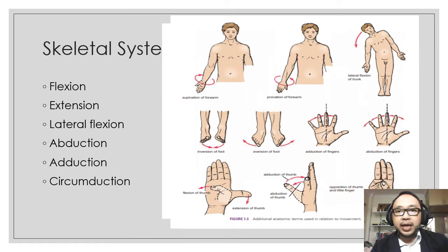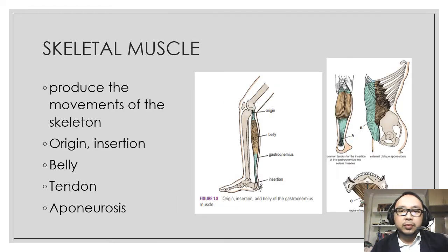Bear in mind that in the hand, the thumb in particular has different planes of movement; thumb adduction and abduction are of different planes compared with your fingers. Remember that skeletal muscle is what's responsible for moving the skeleton.